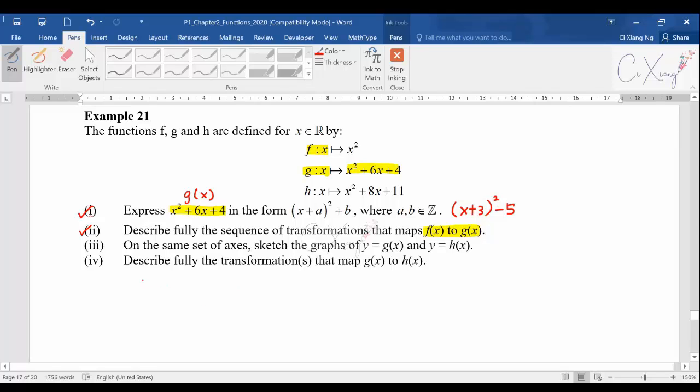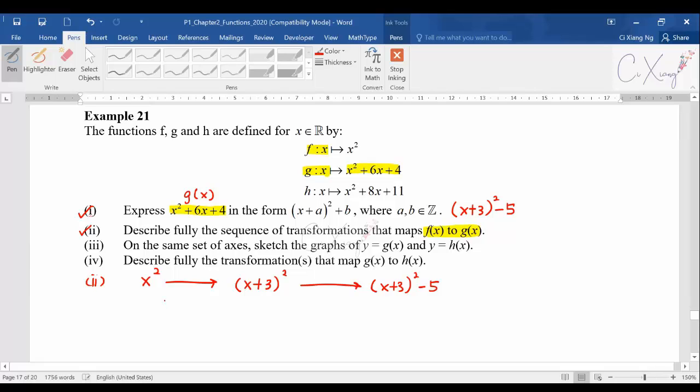So let's start with f(x). What is f(x)? x squared. And I want to change it to this pattern. Maybe you can do it step by step. After x squared, you should have (x plus 3) squared first, and after that, you change it to (x plus 3) squared minus 5.